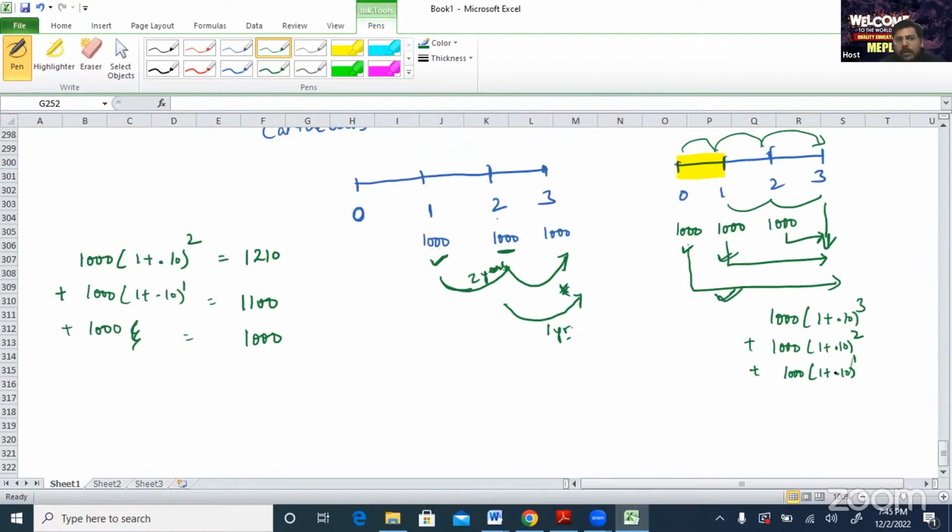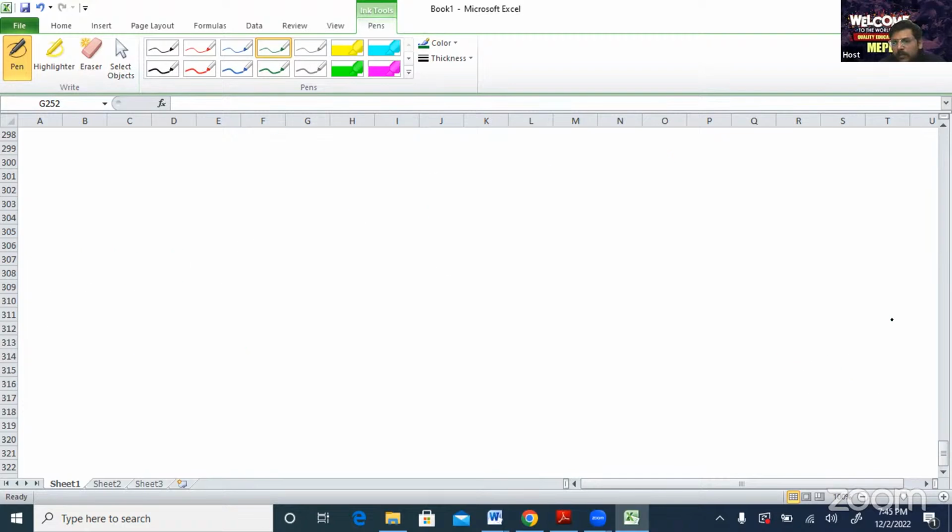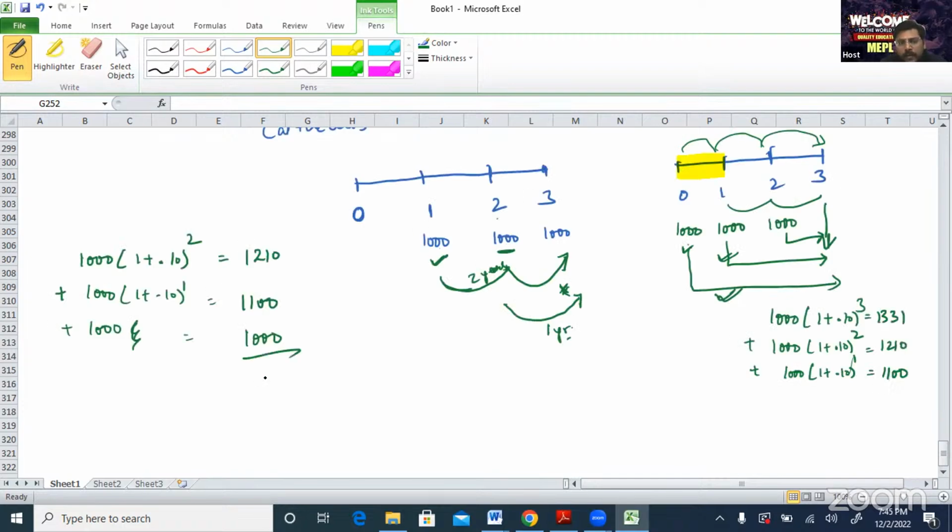Here, this is 1100, this is 1210, and this is what? 1331. So if I add them, how much is it coming? So 1, 2, 3. So 3310. And how much is this coming? This is coming 1314.